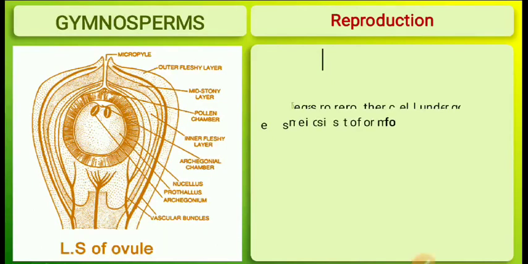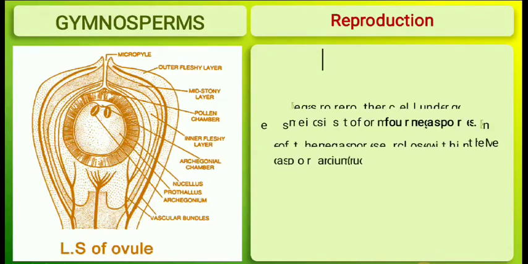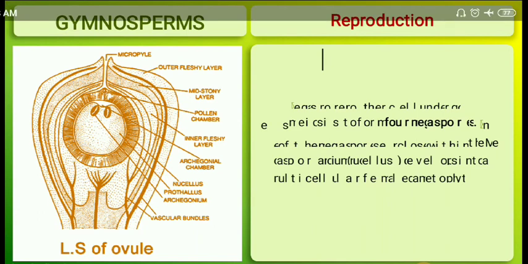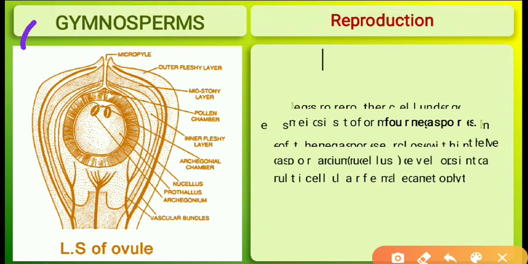Then how will the reproduction take place? The microspore, meaning pollen grain, will fall on the surface of this micropyle by the air. I will show you the structure. When this pollen grain falls on the surface of this ovule, it will form the pollen tube, and by this pollen tube the male gamete is going to enter into this ovule and will fertilize the egg.